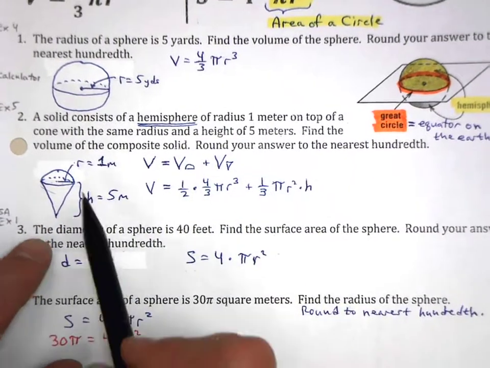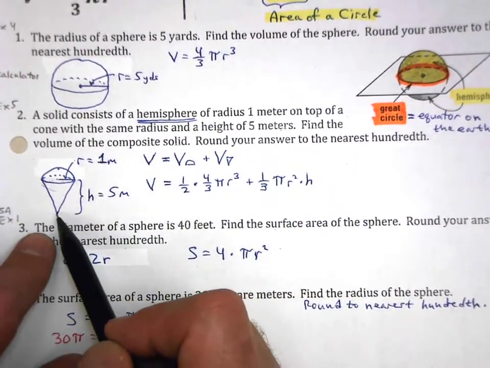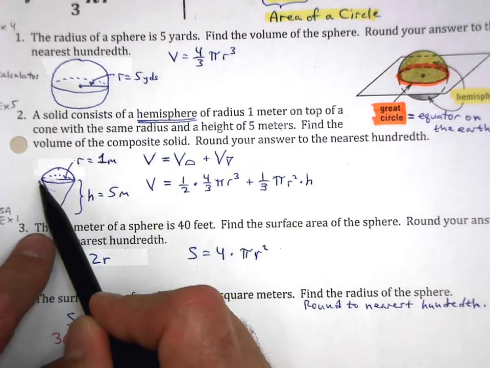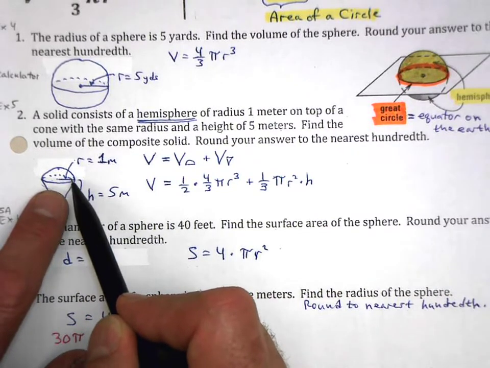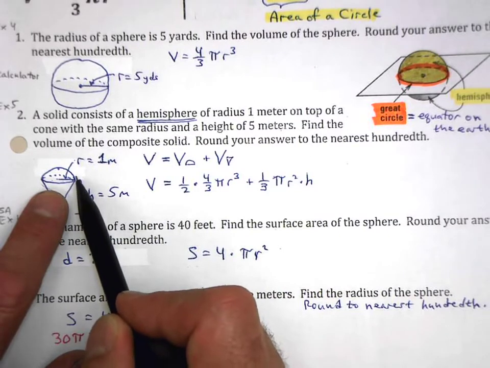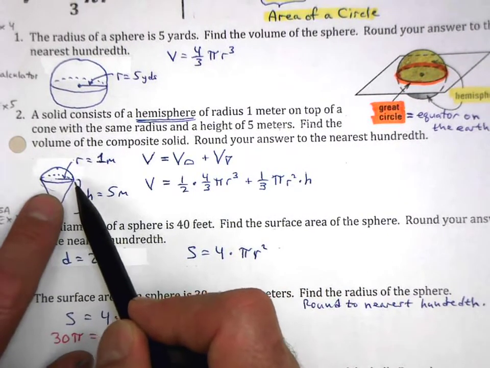So here's what it looks like. Ice cream cone, basically. And so here's your cone upside down, and that matches the radius of your hemisphere.